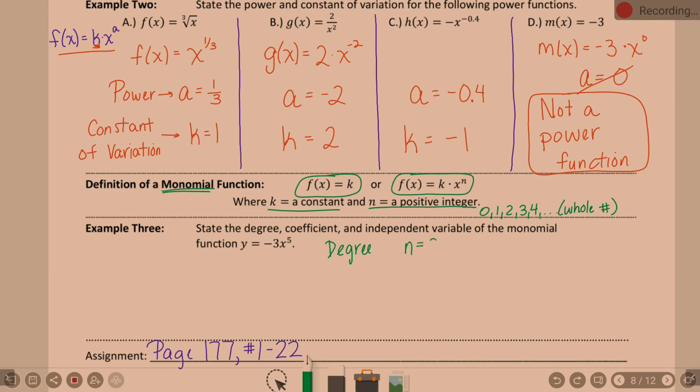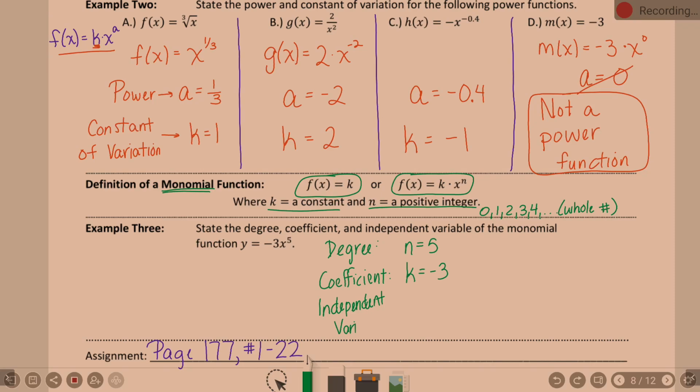Okay, they asked for coefficient. Coefficient is negative 3. Okay. That is the number out front. I'm going to list it as k. And then the other piece they request is the independent variable.